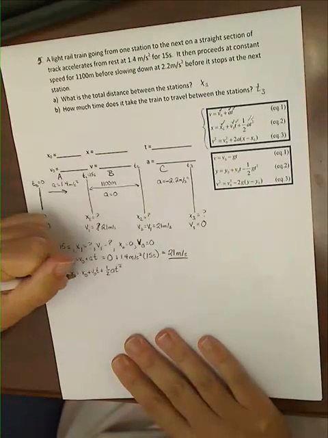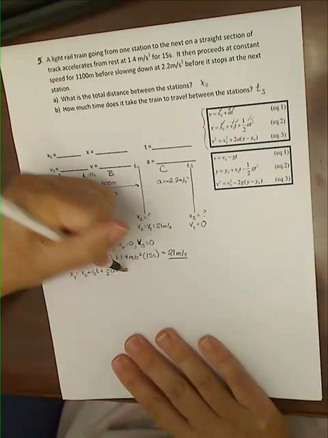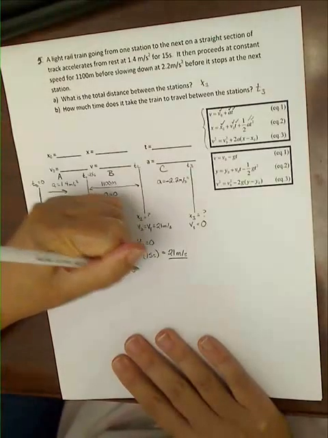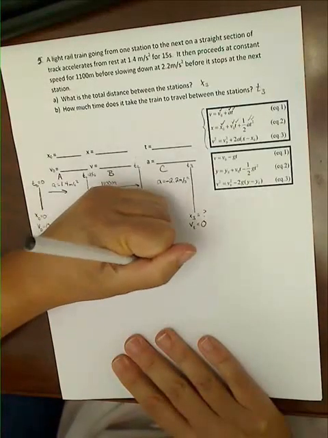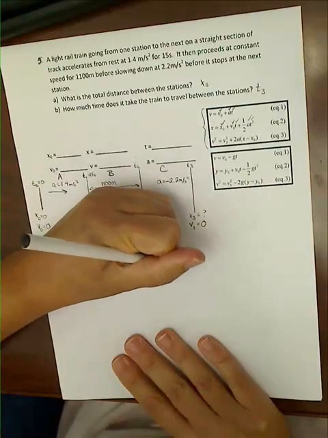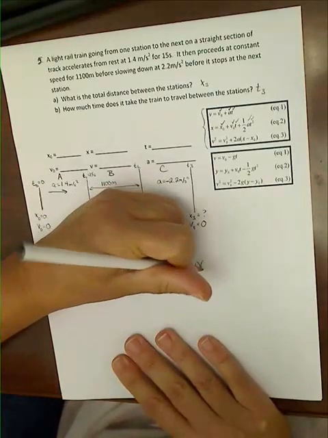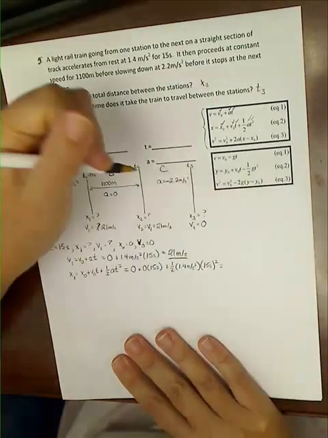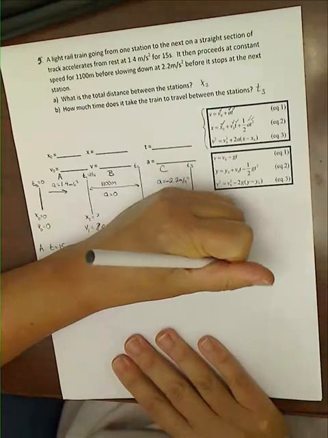Let me go ahead and put x1 on that so we know that's what we're trying to solve for, the position at point 1. Okay, so position at point 1 is going to be x initial, 0, plus v initial, which is 0, times the time, which is 15 seconds, plus 1/2 times the acceleration, 1.4 meters per second squared, times the time squared, so 15 seconds squared, and that gives me 157.5 meters for my position.